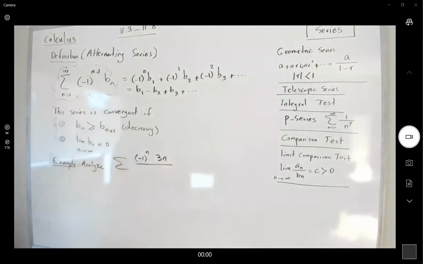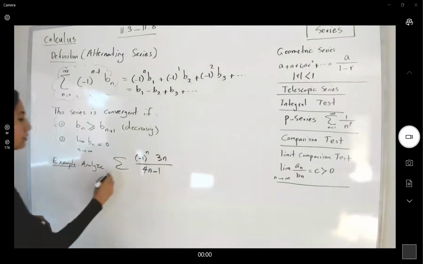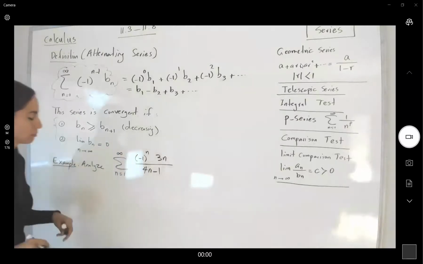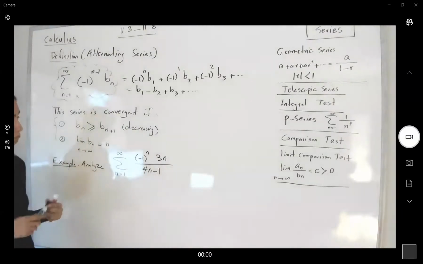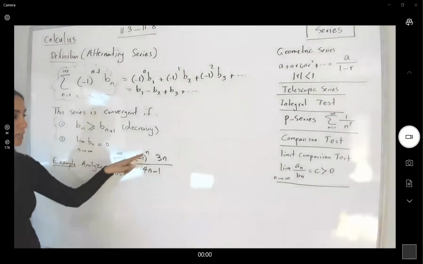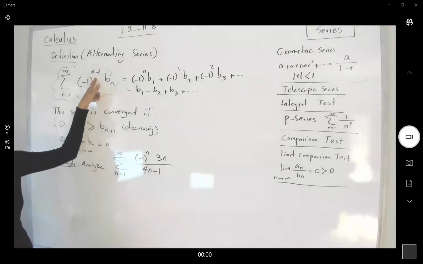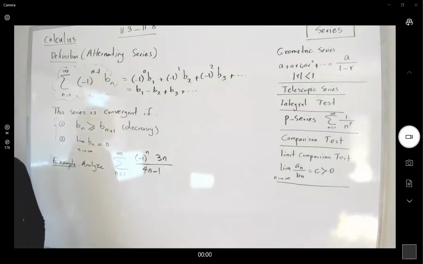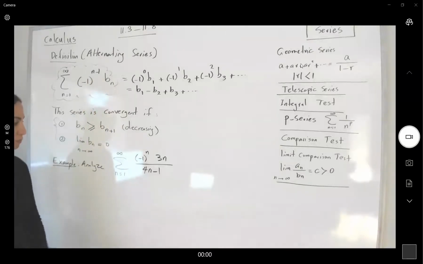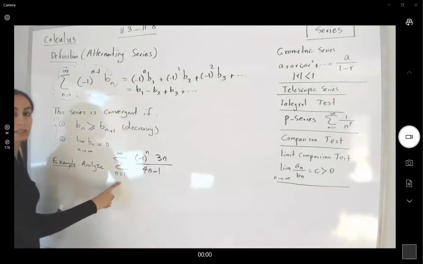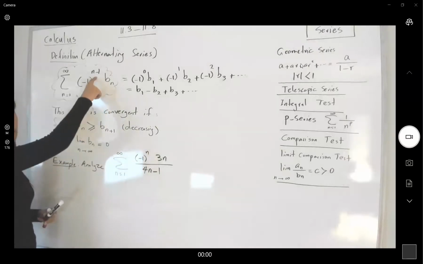On the denominator, we have 4n minus 1. And then n starts from 1, goes to infinity. So first of all, we might say, hey, the exponent here is n, but before it was n minus 1. Very well. So how do we convert this into n minus 1? If I start this series from the second term, I can convert it to n minus 1.